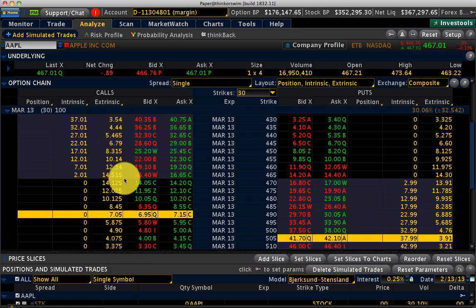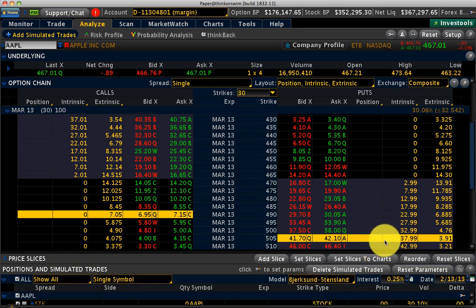The maximum extrinsic value is going to be in the at the money options, and then it starts decreasing in both directions. So this has some major implications when we look at time decay strategies. I don't want to jump the gun here and talk too much about it, but I just wanted to point out this particular pattern.